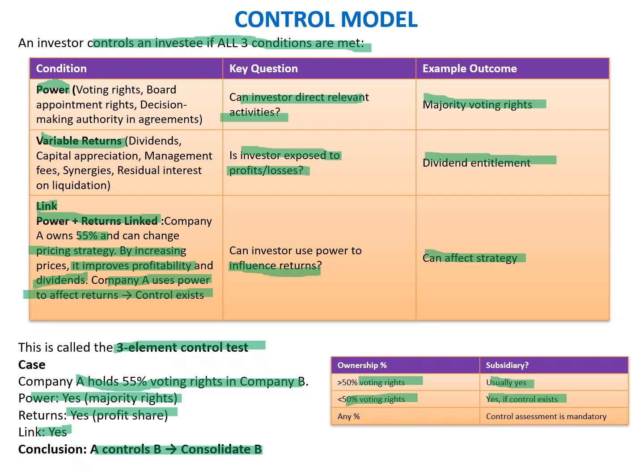If even after the power, control is not there, then Ind AS 110 will not apply. This is very crucial to ensure that an entity has control over another entity before it can be deemed to be the subsidiary of the parent. So we'll move to the next slide.